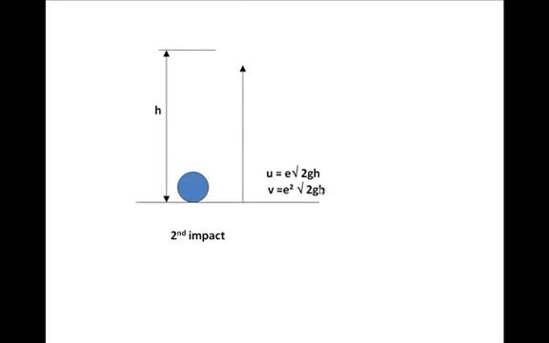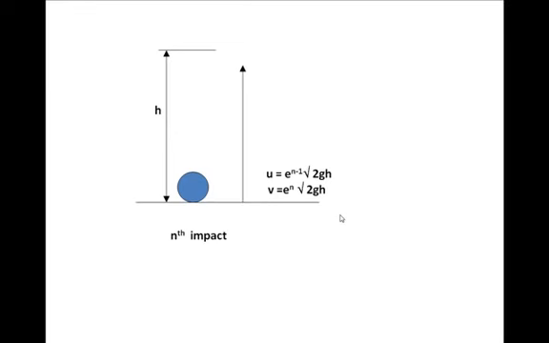Now if you keep extending this argument further, what you will find is after the nth impact, it bounces back with e raised to n times root 2gh, because when it hits the nth impact, its velocity is going to be e raised to n minus 1 root 2gh, and then it bounces back with v equal to e raised to n root 2gh. So for a problem like this, suppose I drop a ball from a height of 50 meter.